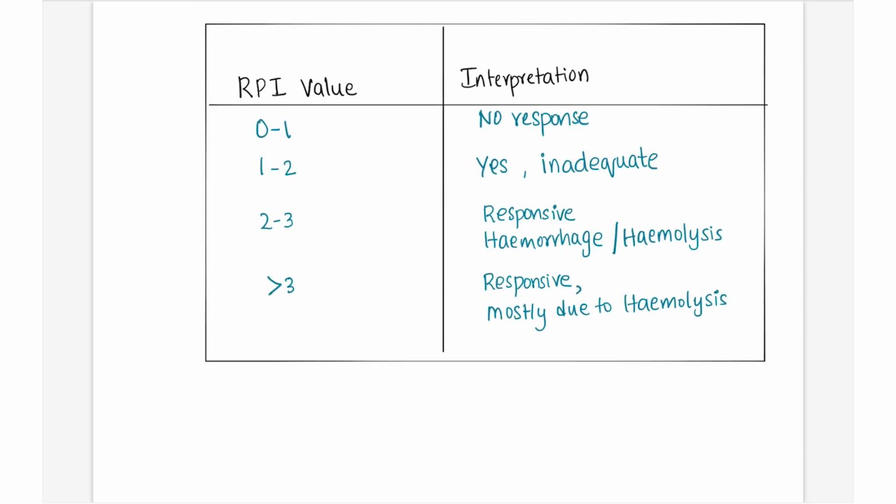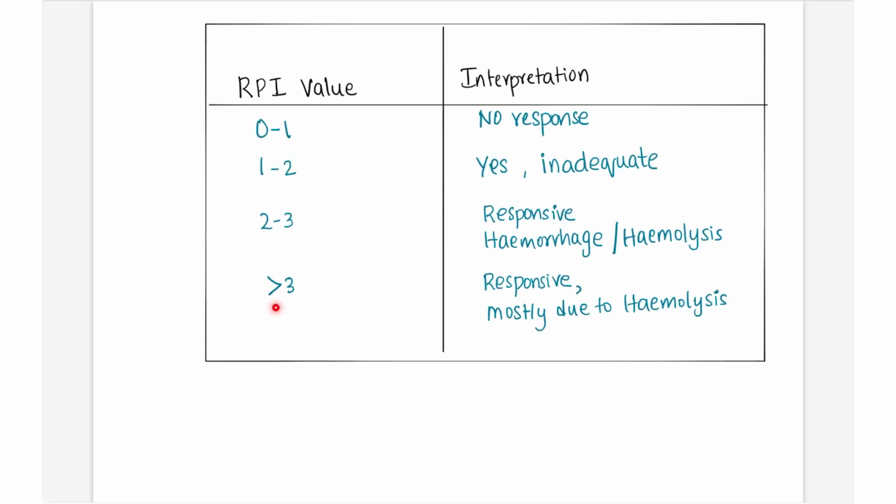If the RPI value is between 1 and 2, then it indicates that there is regeneration, but it is inadequate. If the RPI is between 2 and 3, then it indicates that the anemia is responsive, but we don't know whether it is due to hemorrhage or hemolysis.